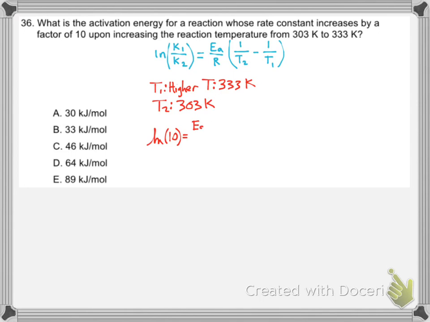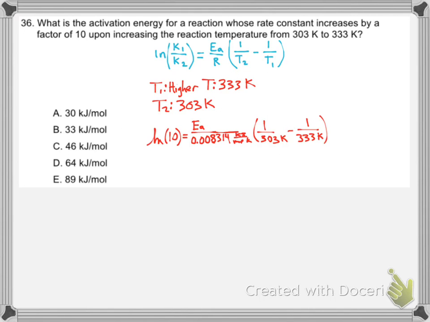That's what we're solving for, divided by R, our gas constant. Activation energy is generally reported in kilojoules per mole, as we can see over our units on the side. So I'm going to use 0.008314 kilojoules per mole Kelvin here. And then 1 divided by T2, which is the lower temperature, 303 K, minus 1 divided by T1, which is our 333 Kelvin.